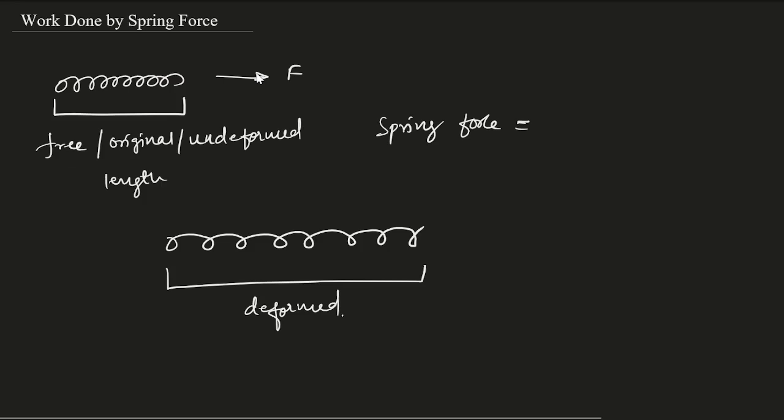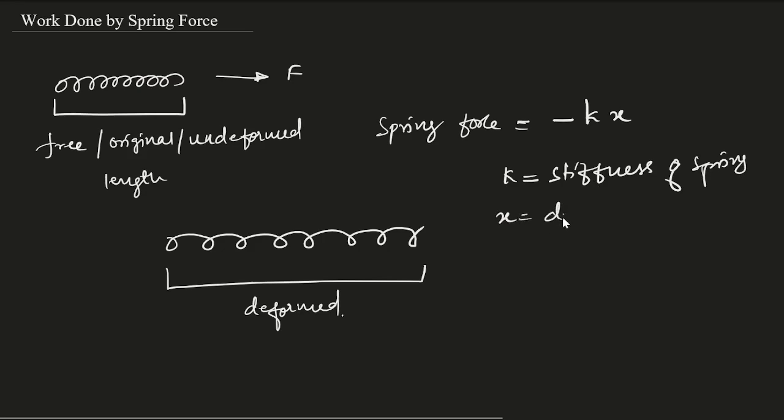That means for every displacement the force has been changing. So the spring force will be equal to minus k into x. Here k is nothing but the stiffness of the spring, and x is nothing but the deformation of the spring.